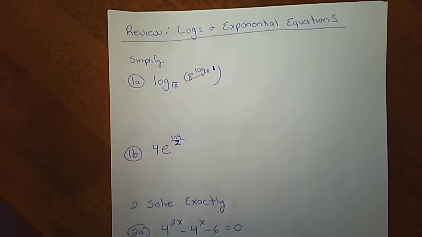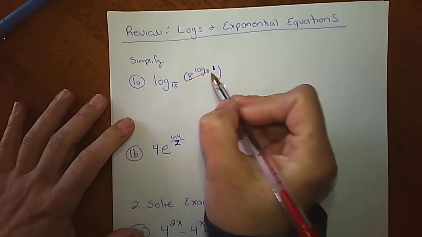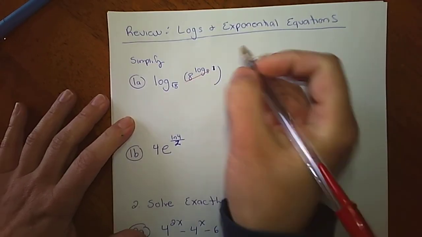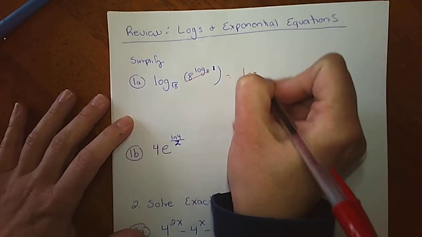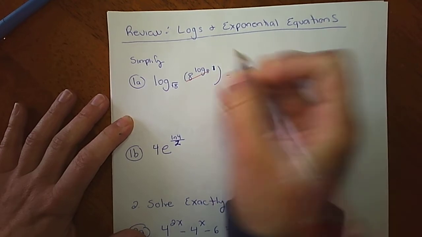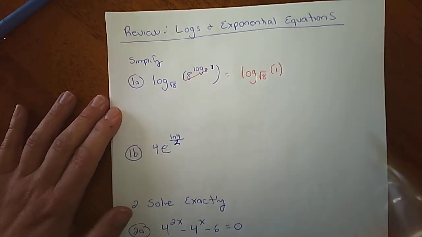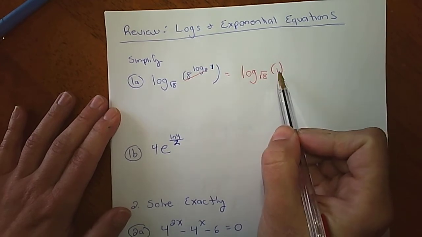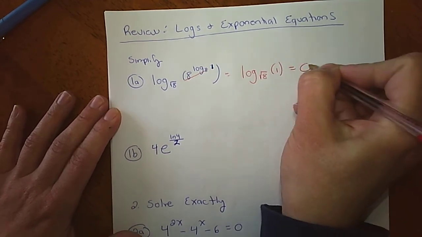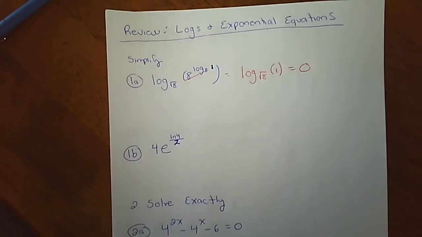Not a 3. Just copy that. So those cancel. That leaves me with log radical 8. And since these cancel, the 1 drops down. Now, log of anything to a 1 is just 0. So that's the answer to 1A from the assignment.